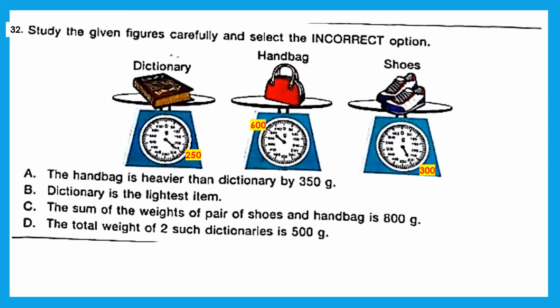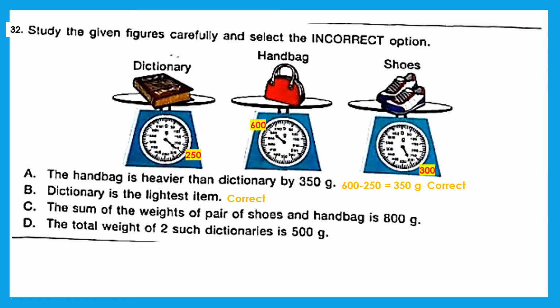A. The handbag is heavier than dictionary by 350 grams. So let's first find the difference between the weight of handbag and dictionary. That is 600 minus 250, which is equal to 350. So this is absolutely correct statement. B. Dictionary is the lightest item. Absolutely right, because other two are heavier. This is also correct. C. The sum of the weights of pair of shoes and handbag is 800 gram.